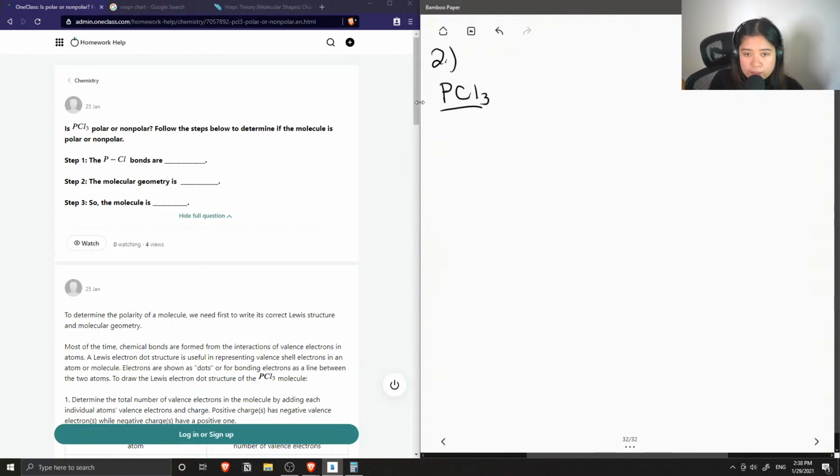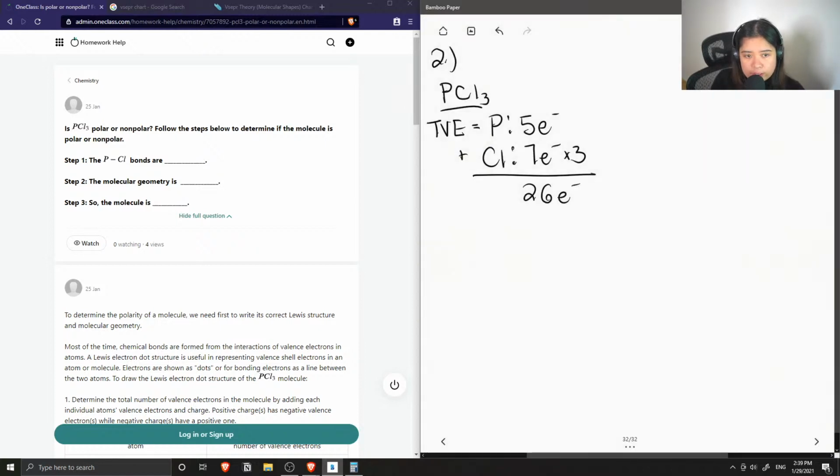So when writing out the Lewis structure, we first need to find out the total number of valence electrons for this compound. So phosphorus has 5 valence electrons and chlorine has 7. And since there are 3 chlorine atoms, we multiply this by 3, which gives us a total of 26 valence electrons.